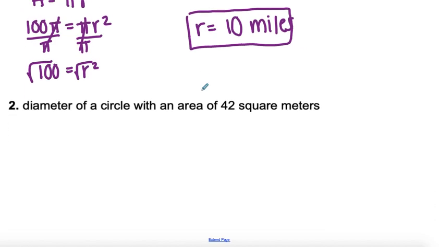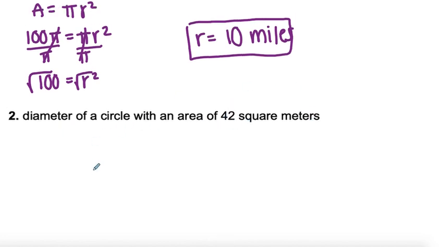Okay, next one says I want to find the diameter of a circle with an area of 42 square meters. So plugging in what I know, my area, that's 42. So I have 42 is equal to pi r squared. Next, I want to do the same thing. I want to divide both sides by pi.